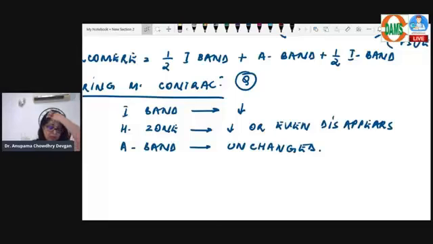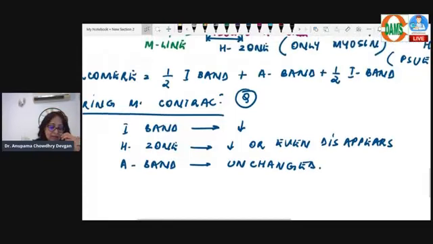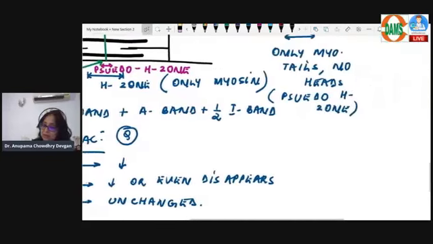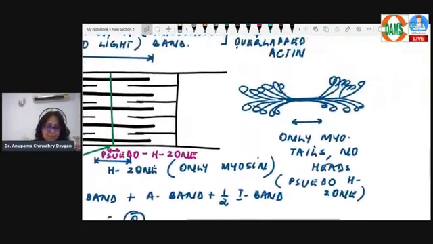Right? Which part of myosin lies in the A band? Sakshi, what happens over here? A thick filament is made of a number of myosin molecules held together like a bunch.